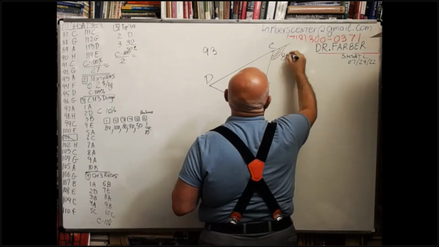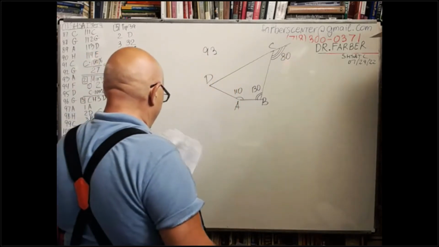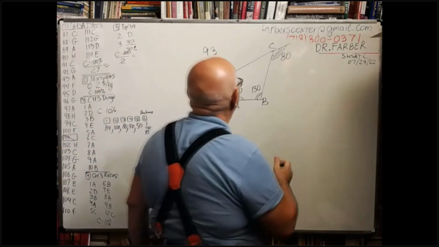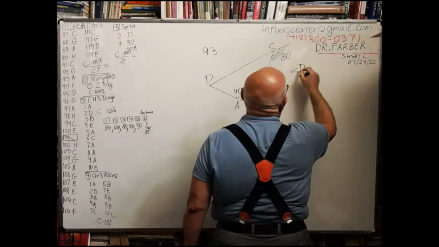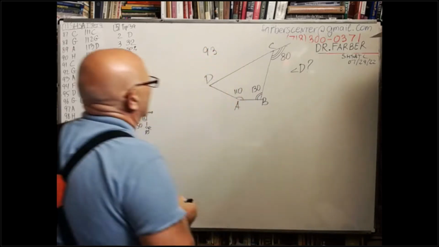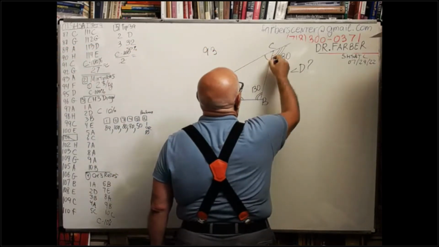This is 80. Okay. What is the measure of interior angle D? Angle D is a question mark. Look at this. Let me find this angle.